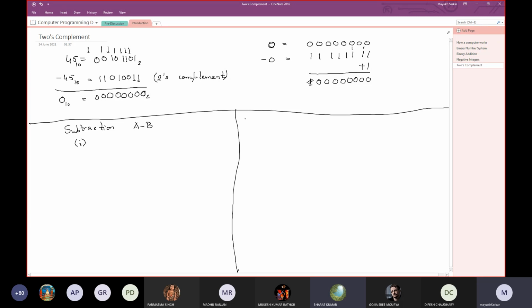Obviously, negative of a negative is the positive number itself, but you need to see that if I do the 2's complement of this, will we get this 45 back? Let me show you. Minus 45 is this, right? 11010011. Now let me do 2's complement of this again.